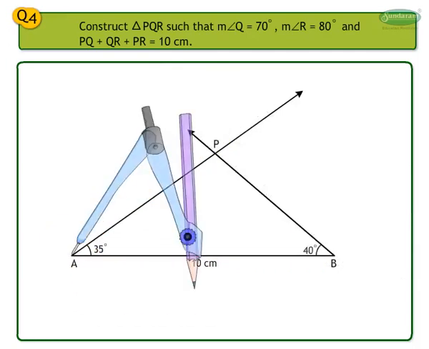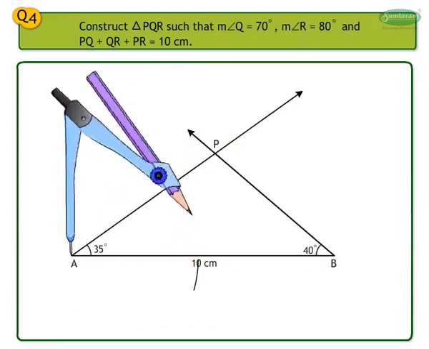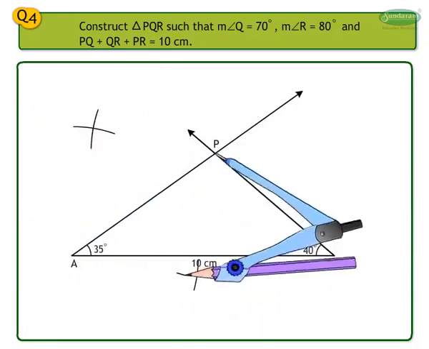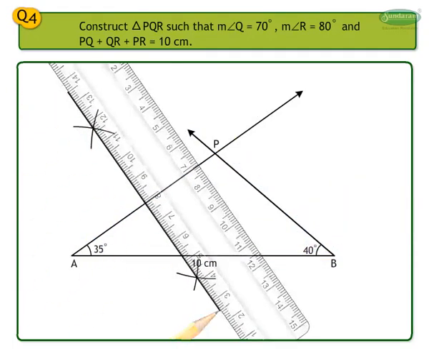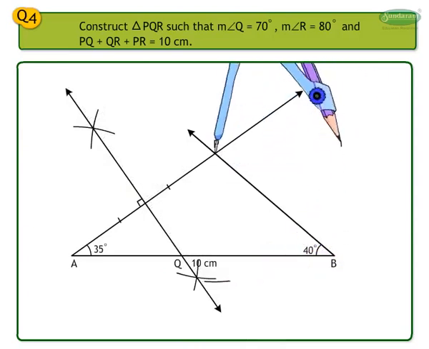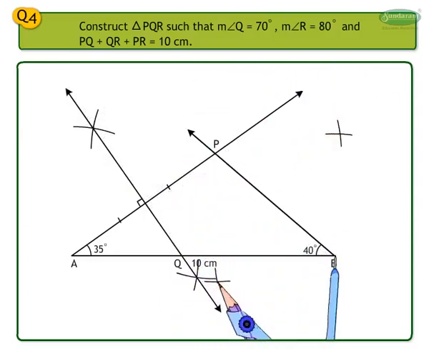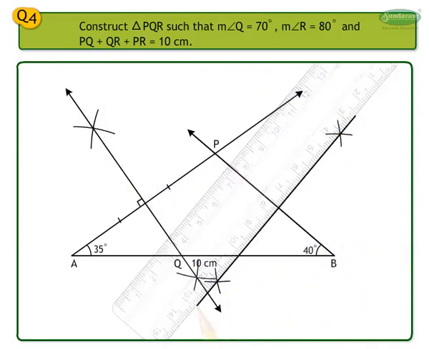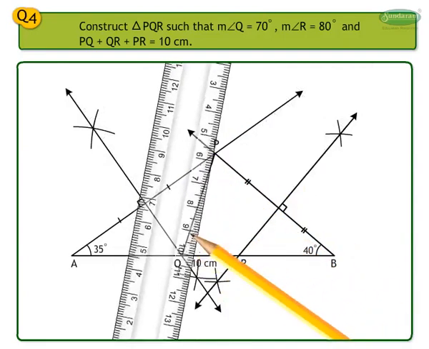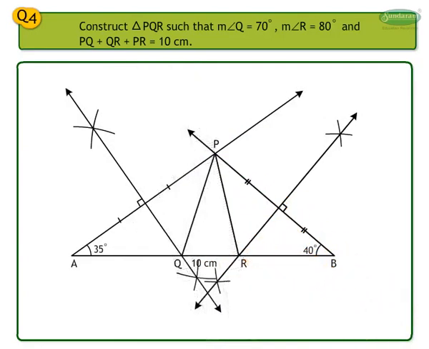Then draw perpendicular bisector of segment AP intersecting side AB in Q and perpendicular bisector of segment PB intersecting side AB in R. Then join PQ and PR. Measure the angles Q and R, which will be exactly 70 degrees and 80 degrees respectively. We have now constructed the required triangle PQR.